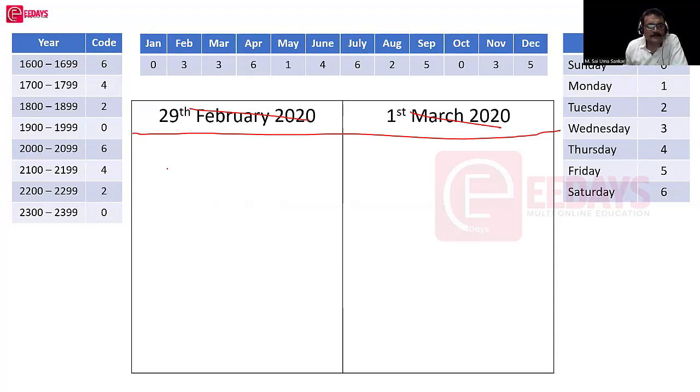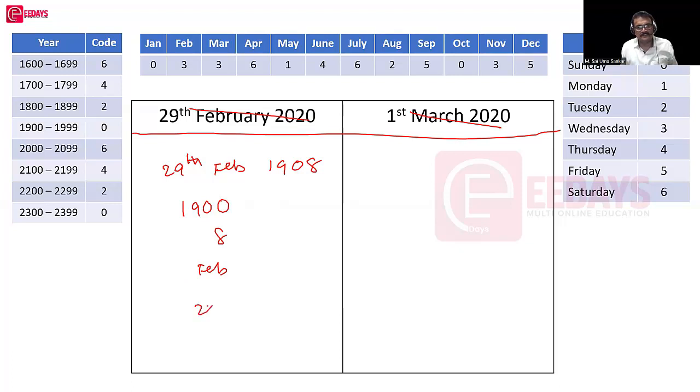What is the day on 29th February 1908? What do you do? First century, next years, next months, next date. So 1900. What is the code for 1900? I already explained.